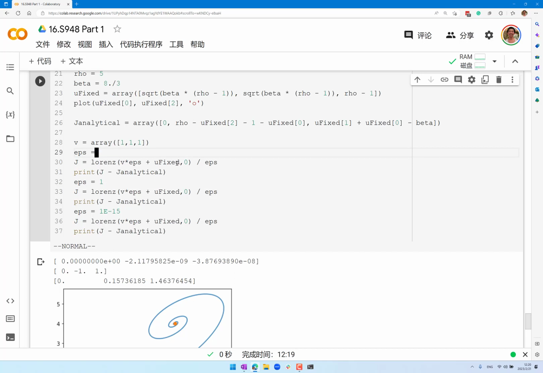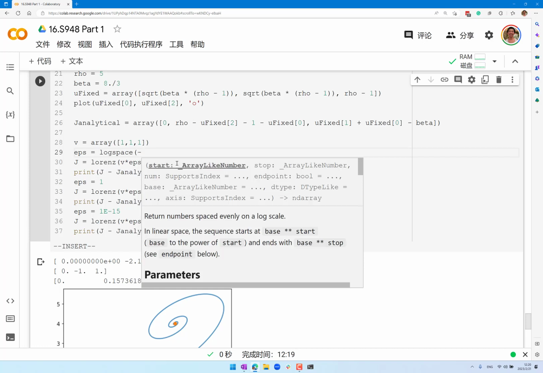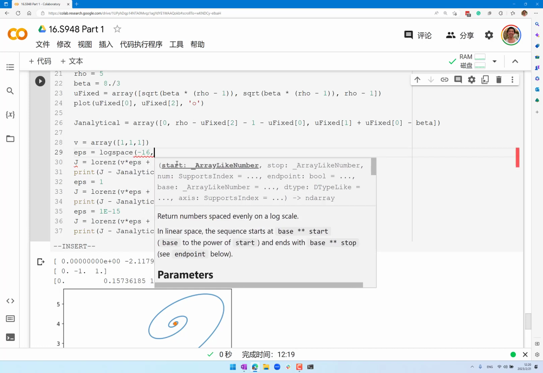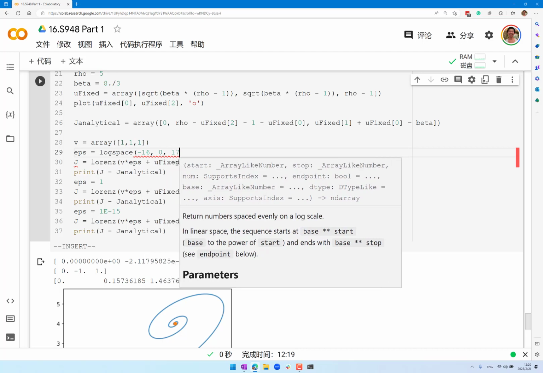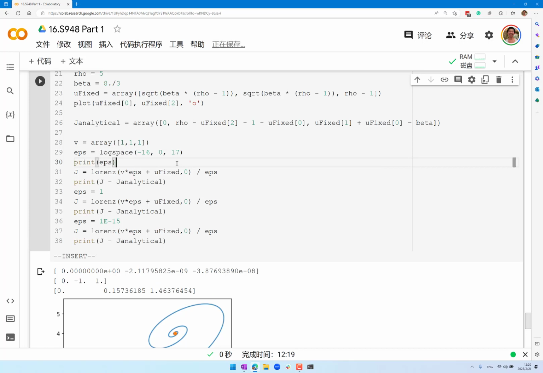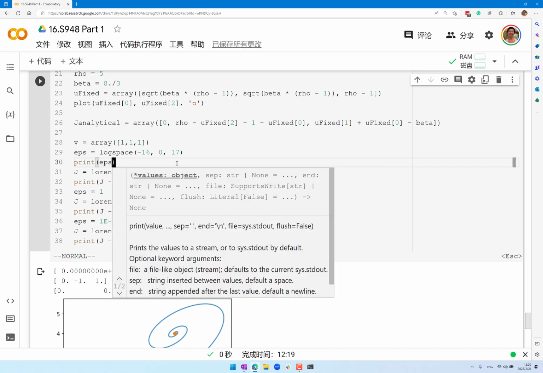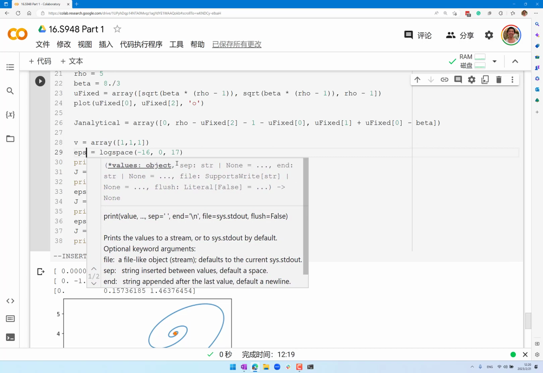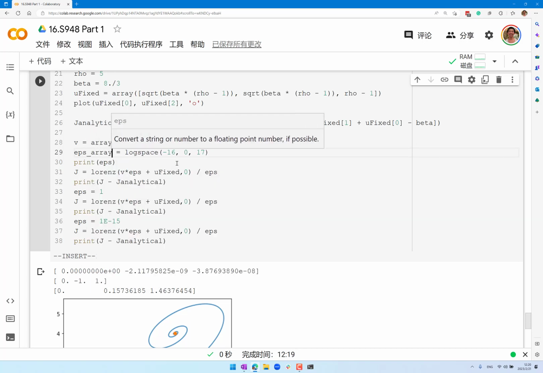So let's say epsilon goes over a log space from 10 to the minus 16 to 1, and let's do 17 different numbers. Okay, so that's a bunch of different epsilons. Let's say array.